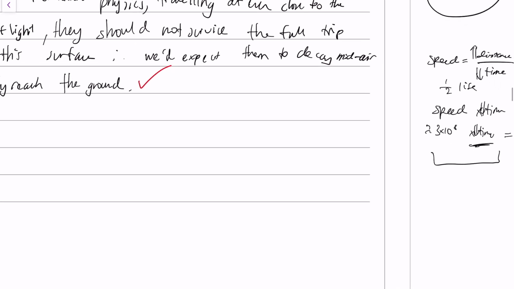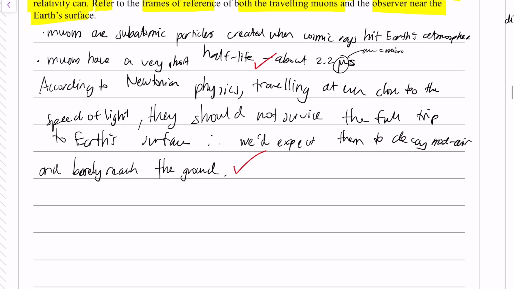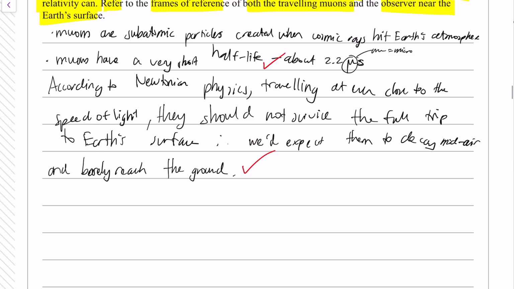Okay, moving on though is where we have to talk about basically Einstein's turn, okay, where special relativity can actually explain this scenario and brings a solution to the observation, a scientific solution. All right, so you'll get a mark for identifying that muons travel at relativistic speeds.